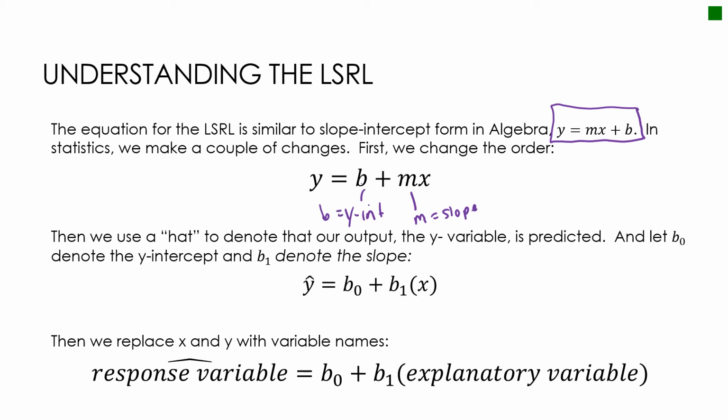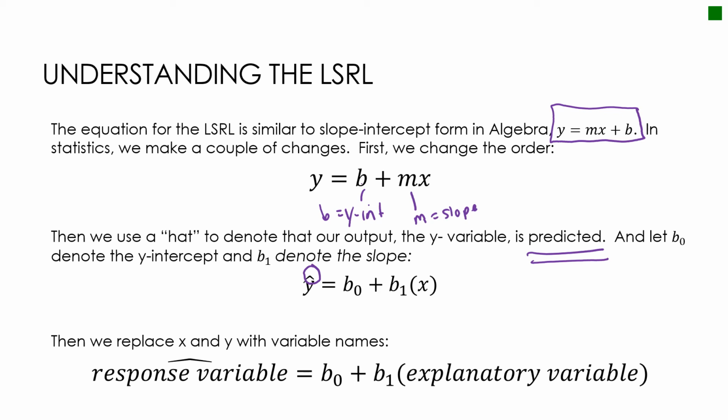And then we're going to use a hat. So again, we talked about the hat, and the hat here denotes that this is a predicted value. The reason that it's not okay to just use y is because the predicted value and the actual observed value are not always the same. In fact, most of the time they are not the same. So the y hat denotes that we're talking about a value that is predicted, that is on the line that we came up with.